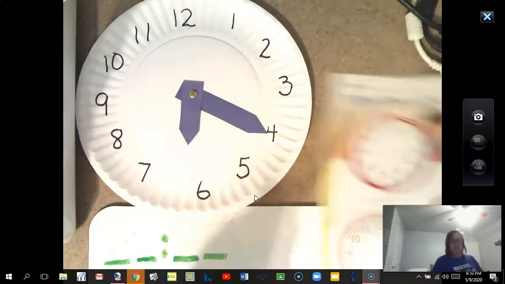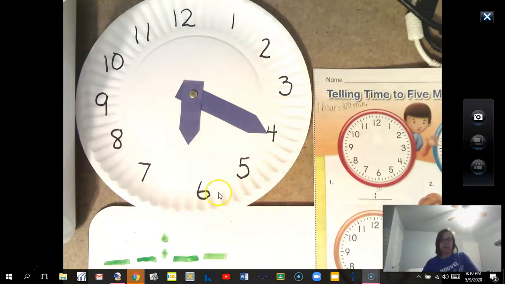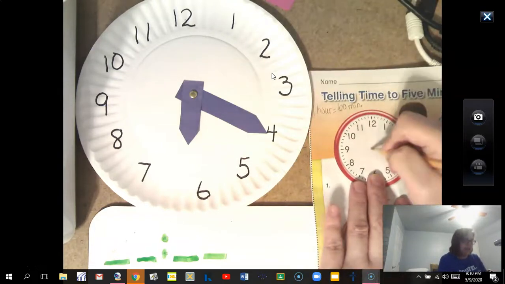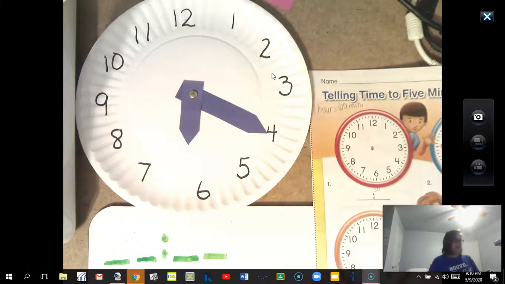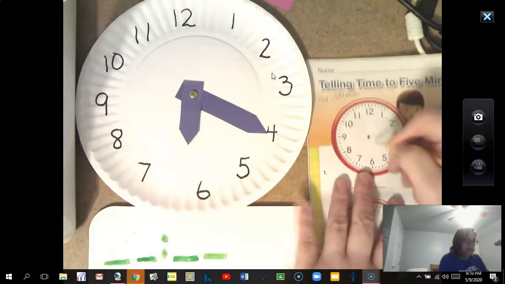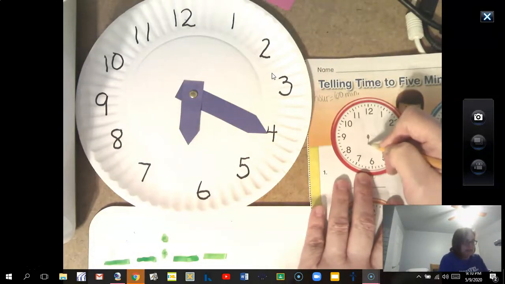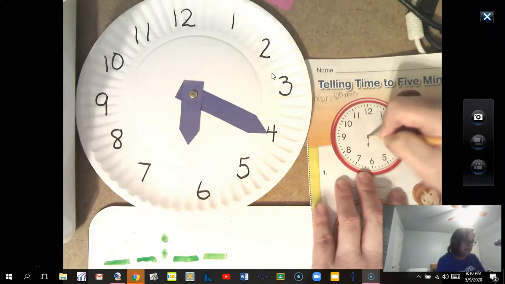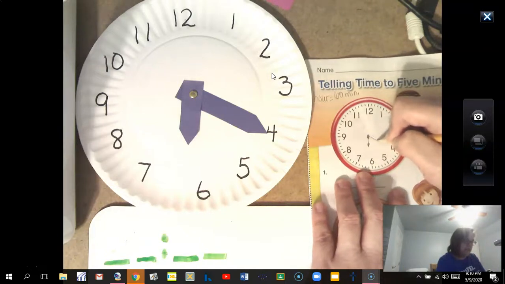Now if I were to take my time, and if I were to draw it, this is what it would look like. I put a dot in the center, and then I have a little hand, and then the longer hand, which is the minute hand.